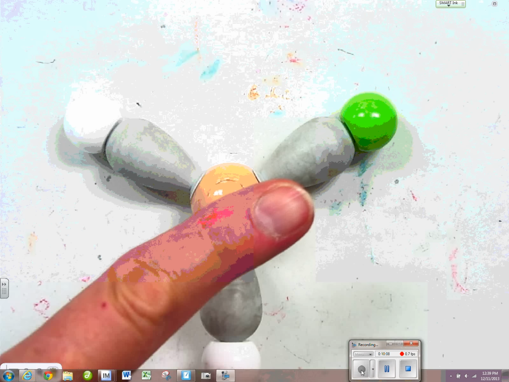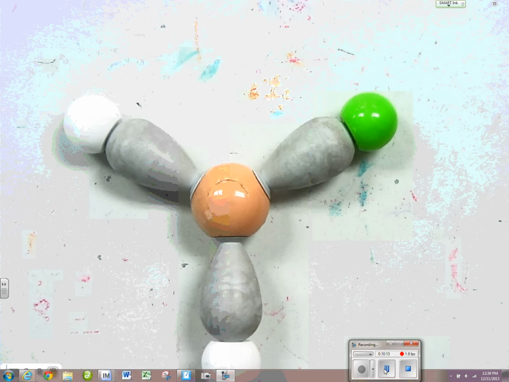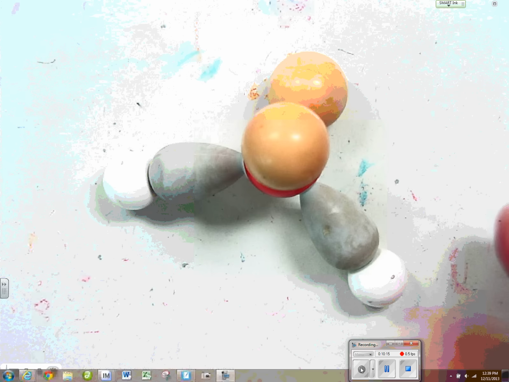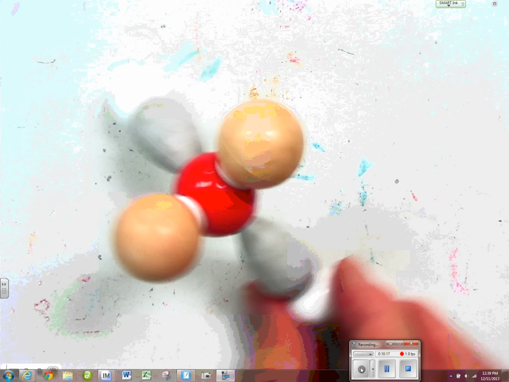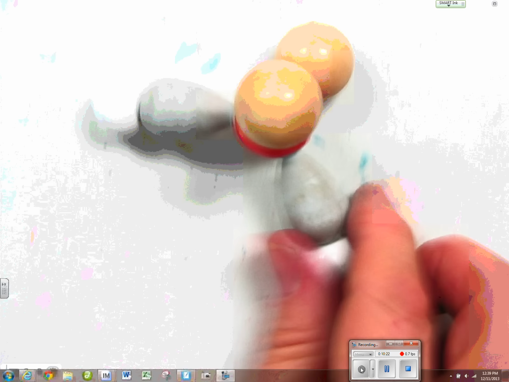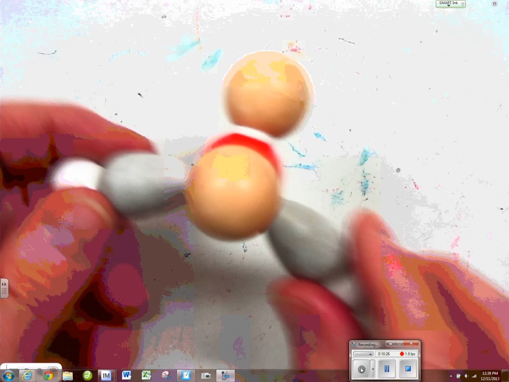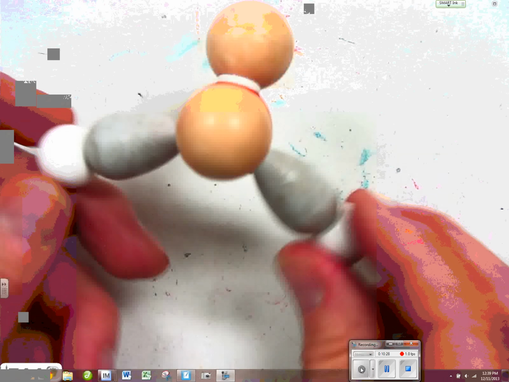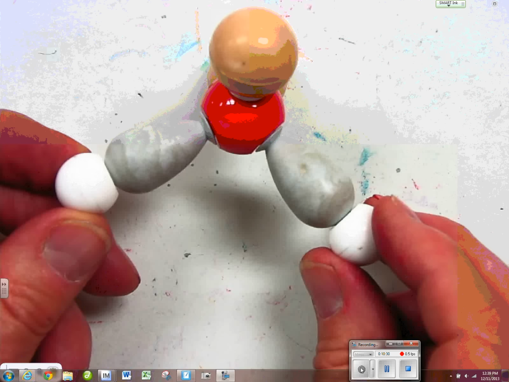Now let's go on and do another example. Now here's an example of a bent molecule, and with this guy we have water, red for oxygen and white for hydrogens, and the two unshared pairs. Because of the two unshared pairs, that's what makes him bent, and every bent molecule is going to be polar.